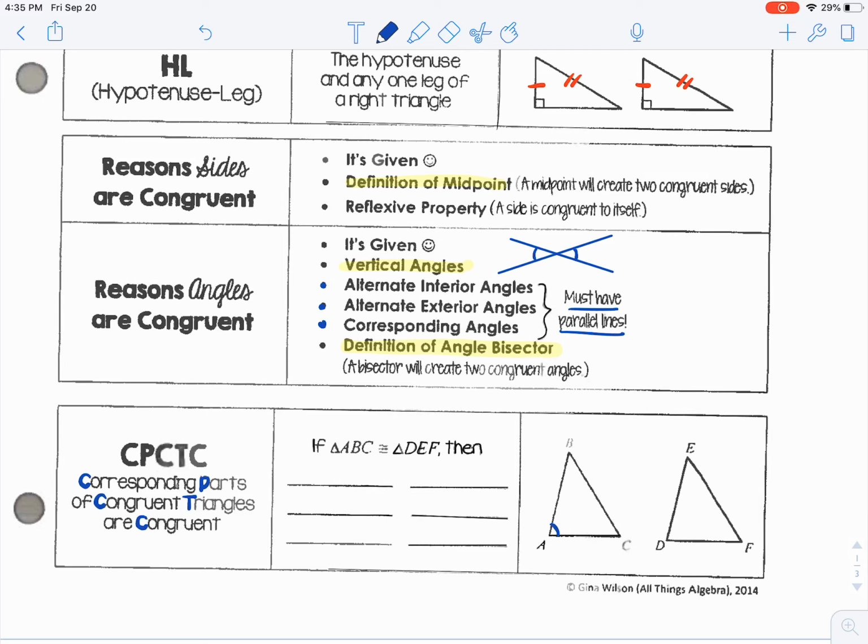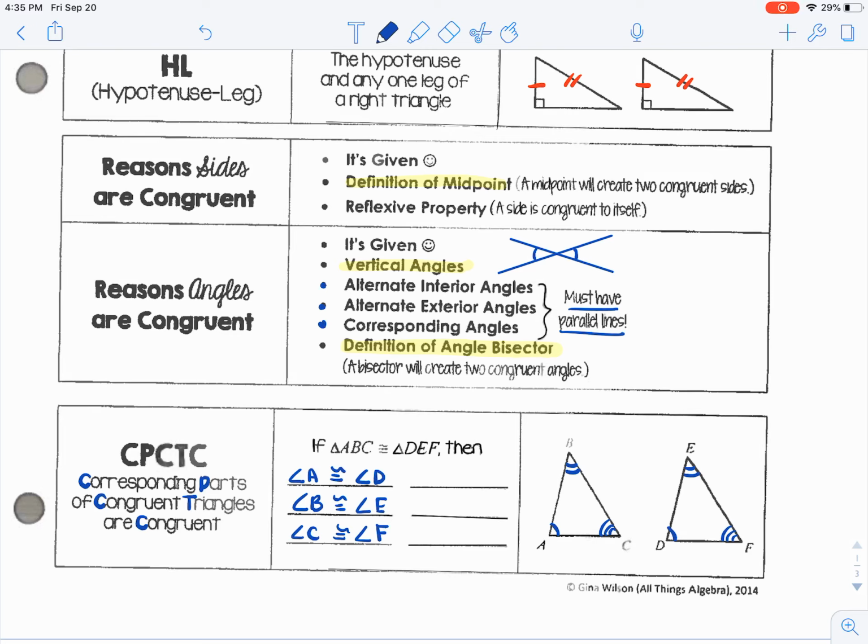Angle A would correspond with angle D. So if triangle ABC is congruent to triangle DEF, then angle A is congruent to angle D. And angle B would be congruent to angle E. And angle C would be congruent to angle F. Those are the corresponding angles.